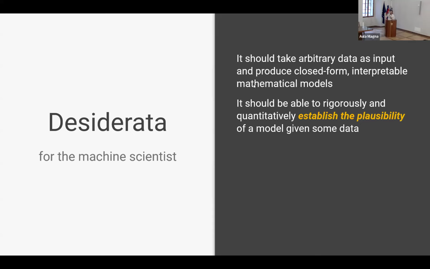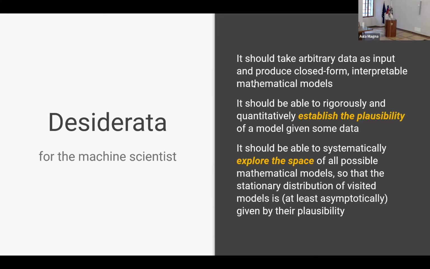So the first condition that we impose on our machine scientist is that it has to derive this quality function, if you want to call it that, from solid mathematical grounds. We are not free to choose what we are going to optimize. We want to derive what we are going to optimize. So this is the first one: rigorous and quantitative plausibilities for each model.